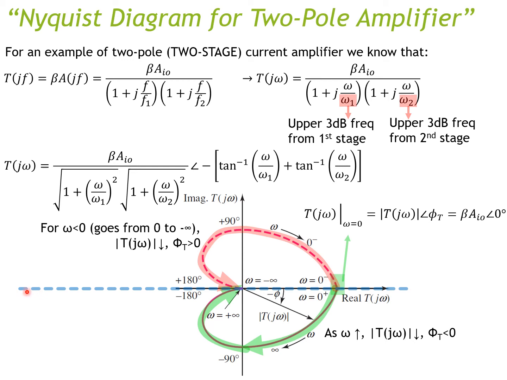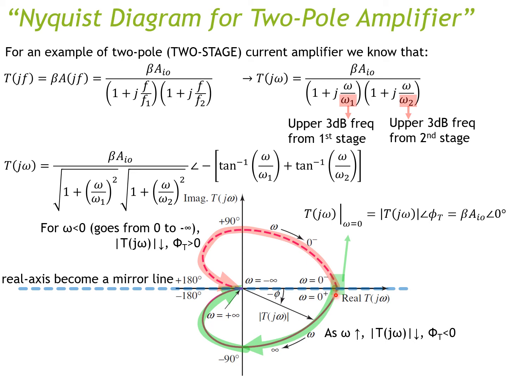Because of symmetry, you can have a mirror line in here, and the real axis can become a mirror line. So you can see that this dotted line here is an exact mirror image of this solid line. This solid line is the loop gain when omega is larger than 0, which is the real case. You always have a positive frequency, right?